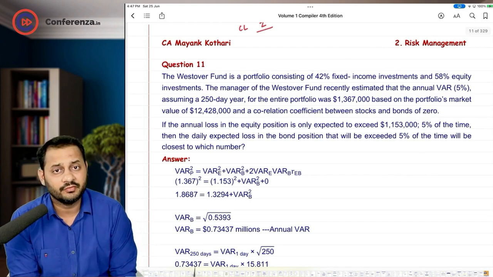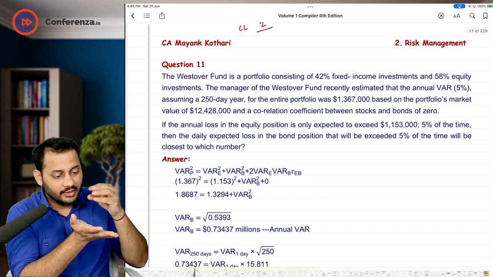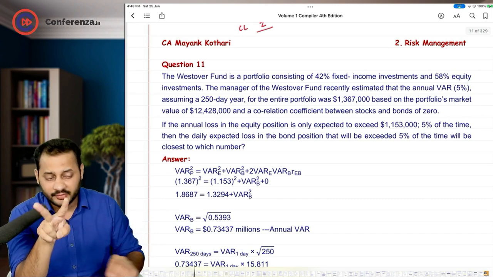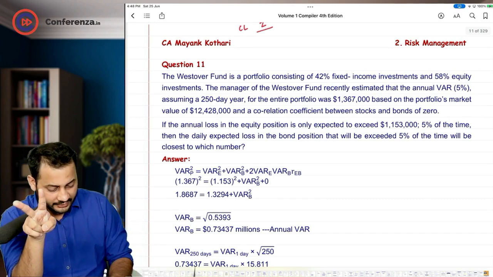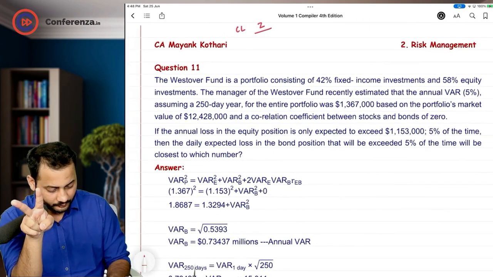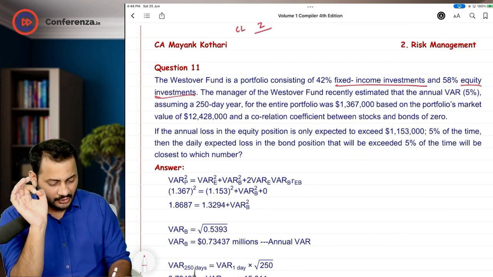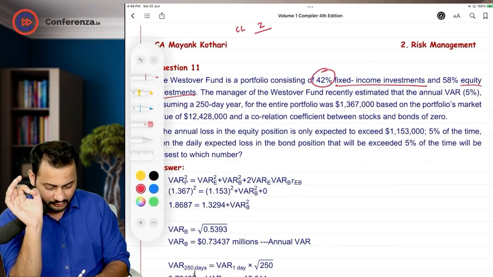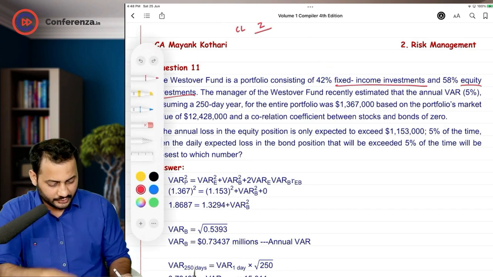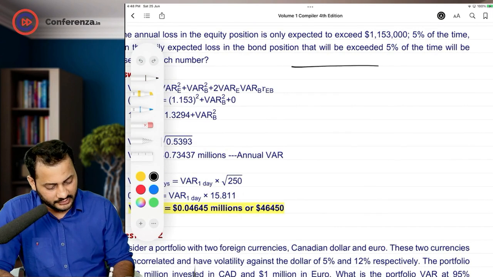Now the Westover fund is an entirely a fund. It includes two types of assets: fixed income investment and equity investments. The weightage of both is also given to us. So what we can do here is, let's create a portfolio.